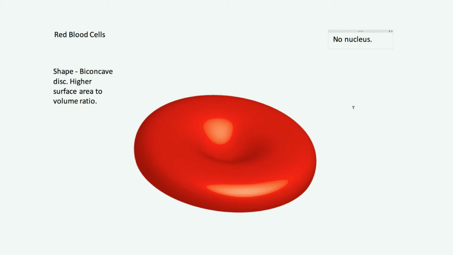And you might think, well, why not? The nucleus is meant to control activities in the cell, right? Well, red blood cells actually don't last very long, okay? After about 40 days, they're destroyed and we make new ones, okay? So no nucleus because they don't need one for a start.